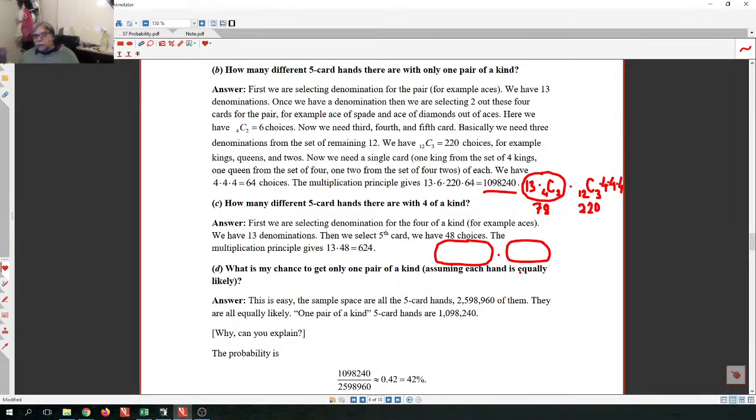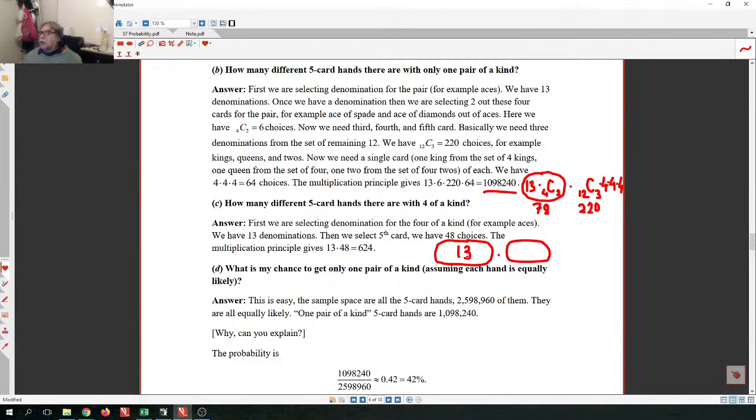To get 4 of a kind, that's an easy one. You have 13 different denominations you can have 4 of a kind in, so you just need to select which denomination.